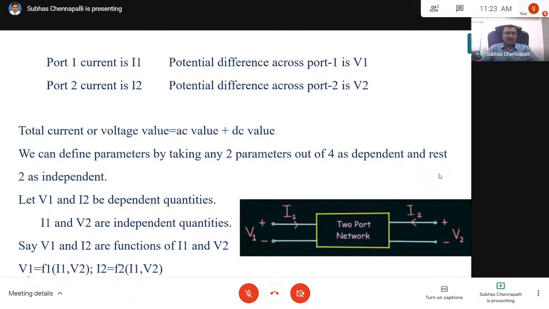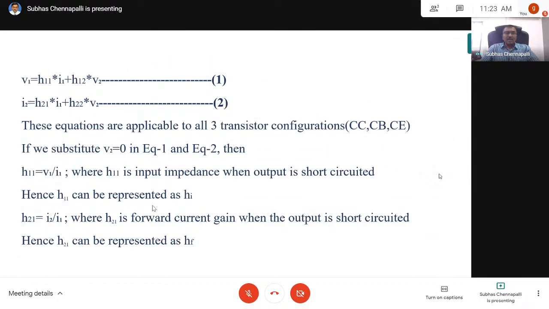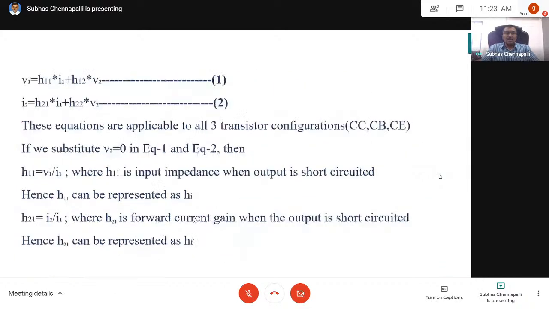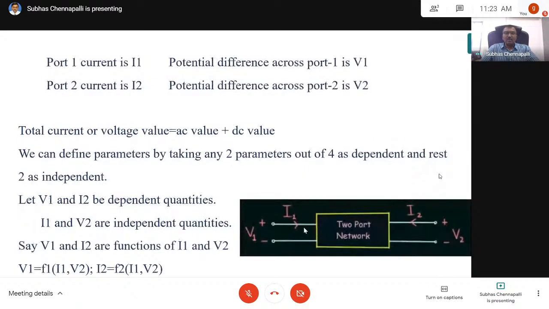That's what is written. V1 is a function of I1, V2. I2 is a function of I1, V2. These are the independent variables, and V1, I2 are dependent variables. Using H parameters, I will draw a more detailed circuit diagram later.